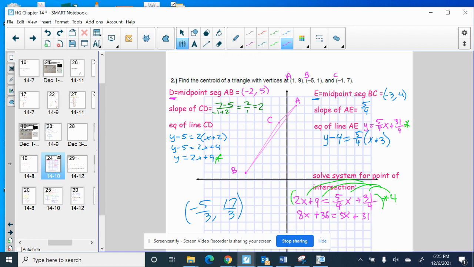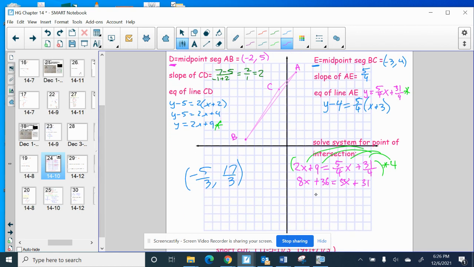And then we can combine like terms. So subtract the 5x maybe over onto the left side and subtract the 36 over. So we would get 3x equals -5. So then x is -5/3.